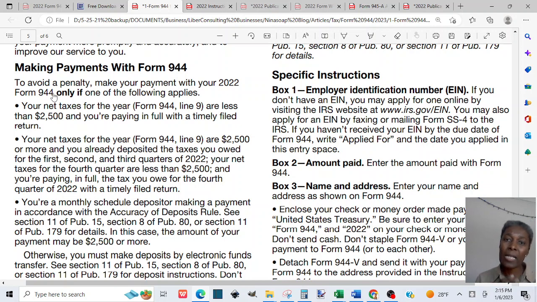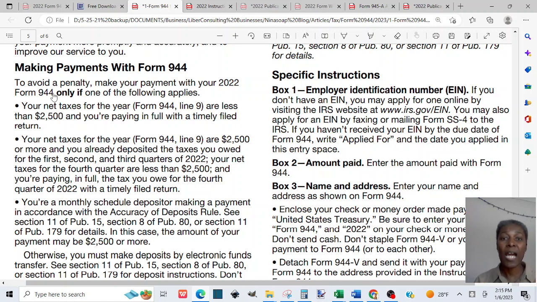So if your line 9 is less than 2,500 and you are going to file your Form 944 on time, you can make payment with your form.